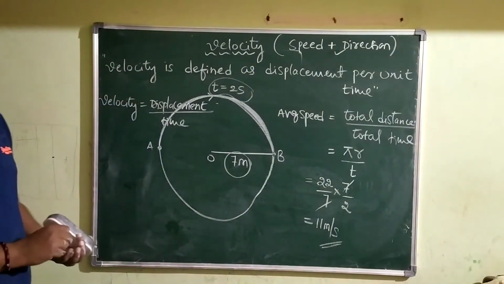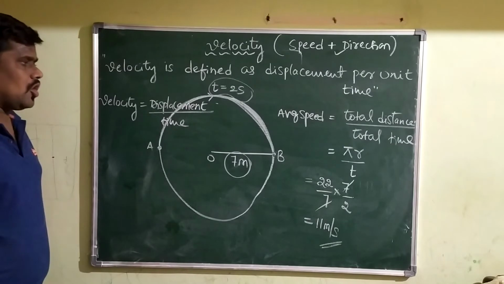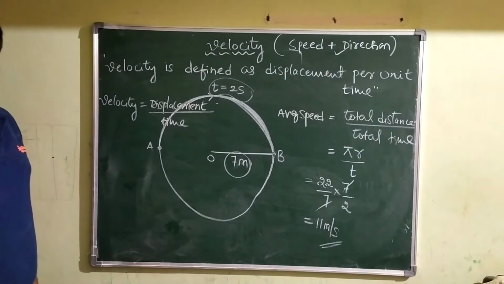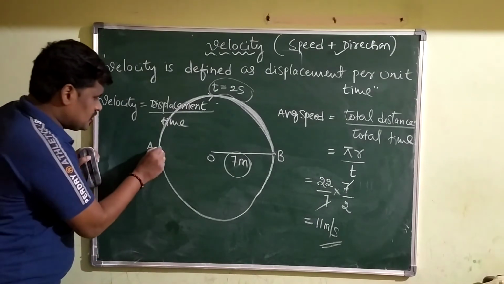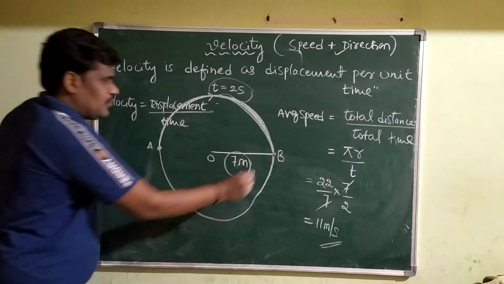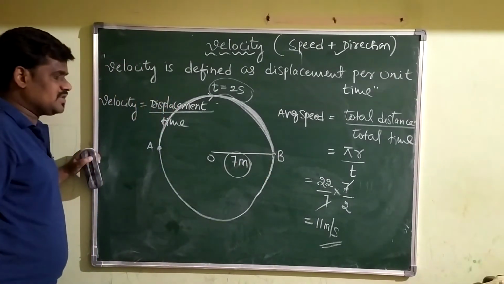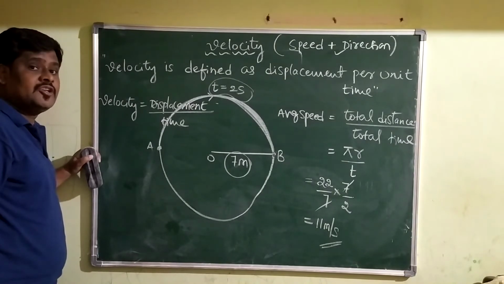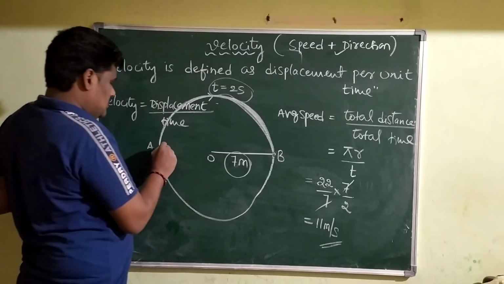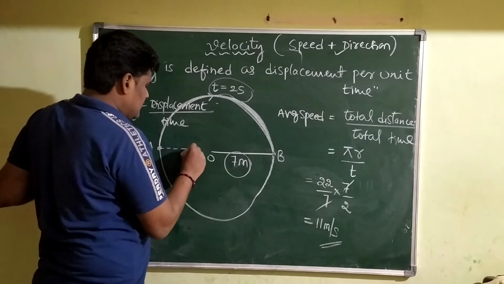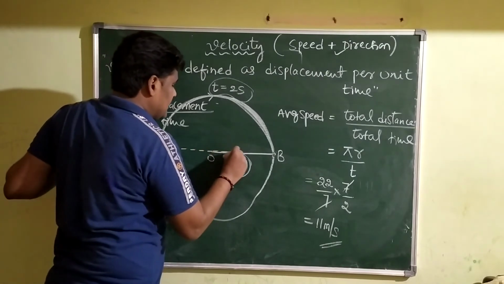Displacement is the shortest distance between the initial point and the final point. So, the initial point is A here. The final point is B, which is called the shortest distance between the initial point and the final point.